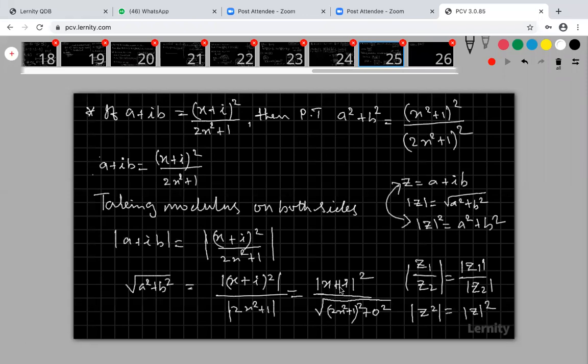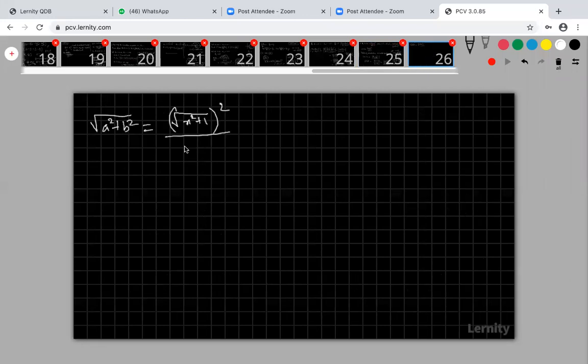A square plus b square, where a is x and b is 1. The denominator has 0 square, which is eliminated; the square and root cancel, so I get only 2x square plus 1 alone. So this becomes x square plus 1 divided by 2x square plus 1. This is my root of a square plus b square.